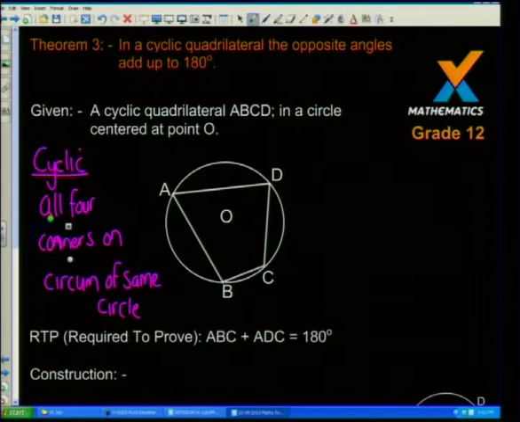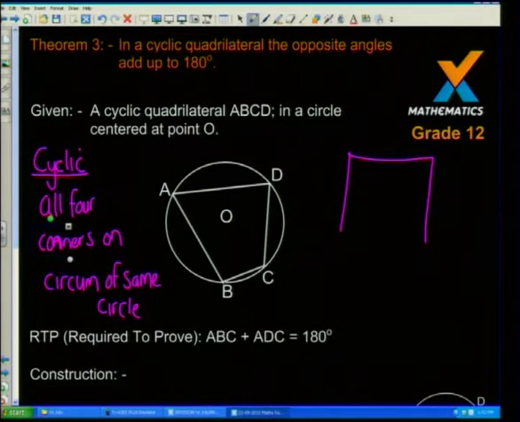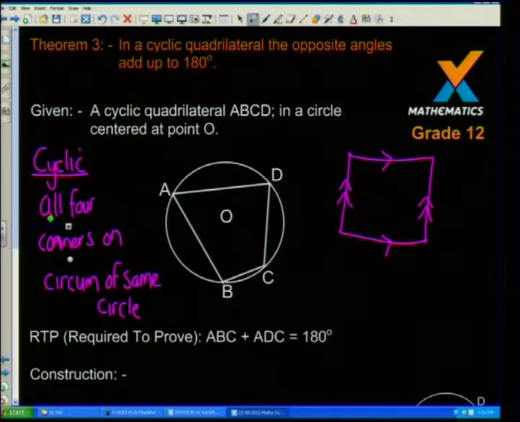Right, now I want you to dig deep into your grade 10 syllabus where if you have a special quadrilateral called a parallelogram, what is true about a parallelogram is that the opposite angles are equal. So let's say that's 70 and that's 70. Then this would be 110 because of co-interior angles.